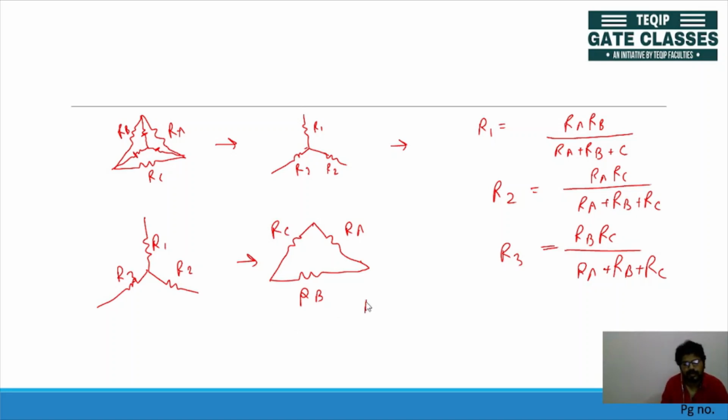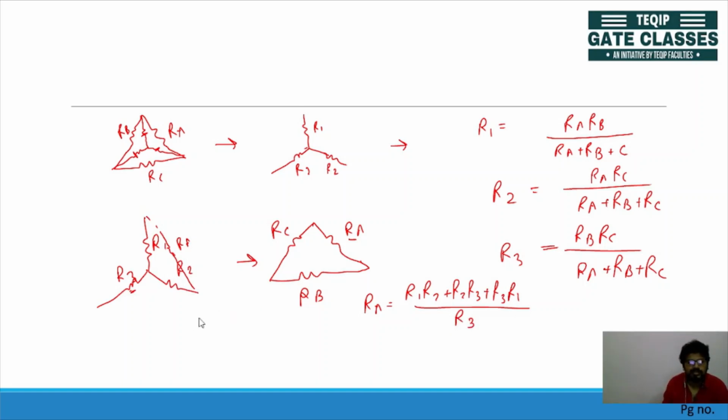So value of RA will be equal to, numerator will be the sum of products of star branches, like R1 R2 plus R2 R3 plus R3 R1, divided by, and the denominator will be the opposite branch. So if we are writing RA, if we draw the delta, this will be the RA. Okay, so the opposite branch is this R3, so the denominator will be R3.